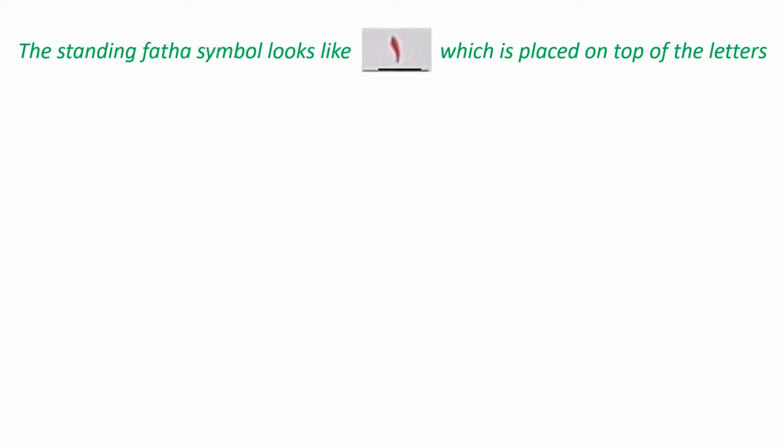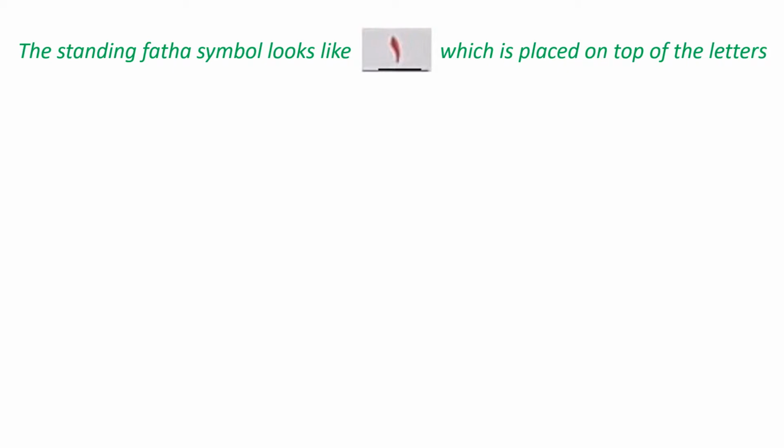Another point to mention on this screenshot: for the standing fatha symbol, I've put a darker line at the bottom of it, which basically means just imagine that line to be a letter, and this symbol is placed on top of the letter. I don't know what these symbols are called in Arabic. I'm going to be totally honest with you. If any of you know, please do let me know, either by sending me an email or by commenting on this video.